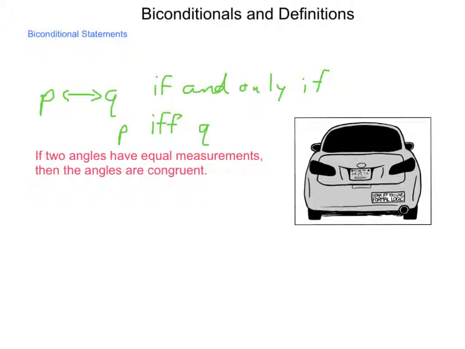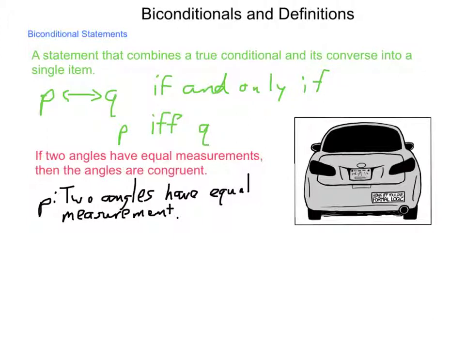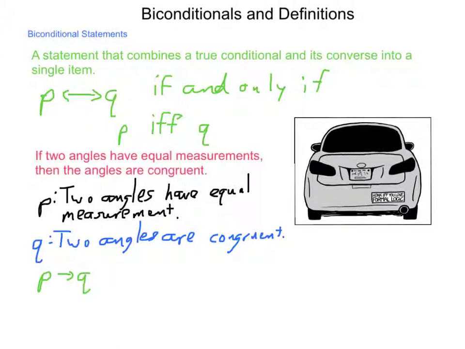So, example: if two angles have equal measurements, then the angles are congruent. Our P statement, our hypothesis, is two angles have equal measurements. And from that, our conclusion is the two angles are congruent. Now, it is the case that if two angles have equal measurement, then the two angles are congruent.